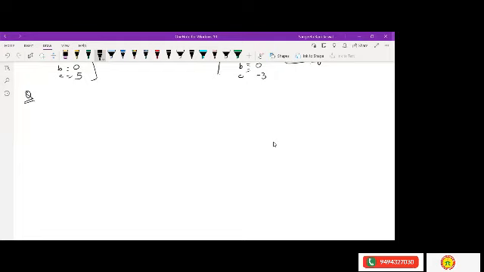Now see, there is a question here. The cost of a notebook is twice the cost of a pen. I'm writing the question here. This is a question in exercise 1 of your book. The cost of a notebook is twice the cost of the pen.